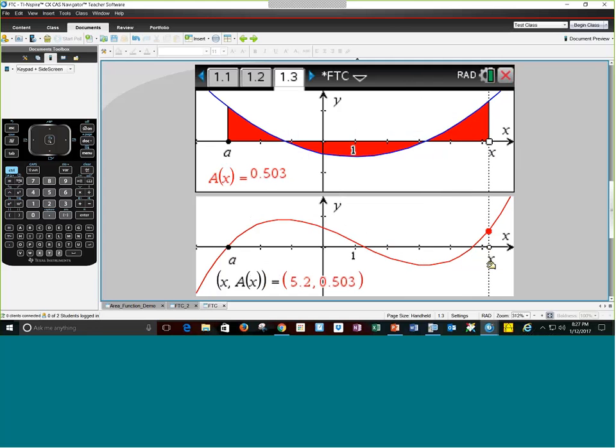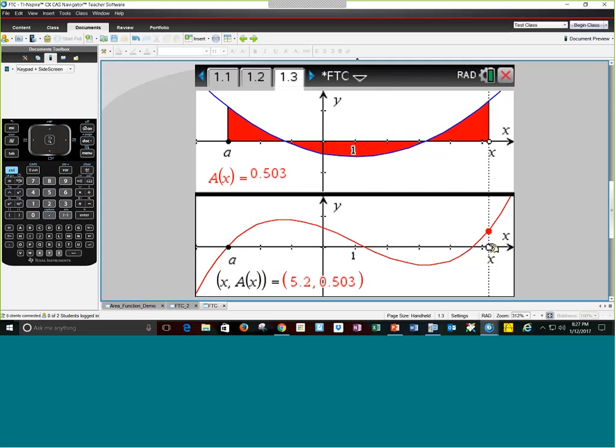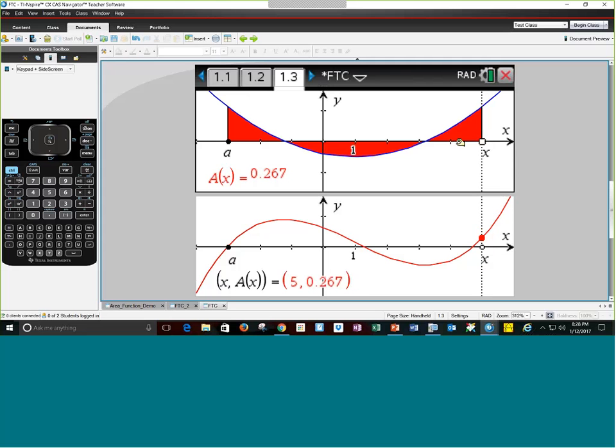But what's kind of neat is, since we've got these two functions here, I usually cover up the screen for a second and ask, when does any kind of function have a maximum value? And they'll say, oh, that's when the derivative goes from positive to negative, or when we have critical numbers or possible locations, as Vicki has right here.